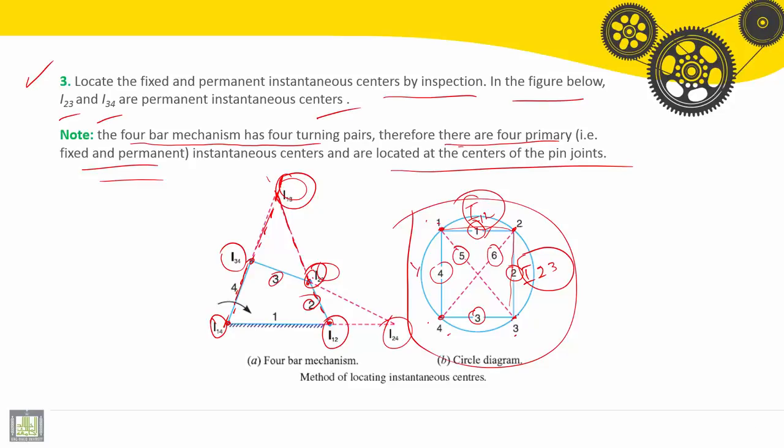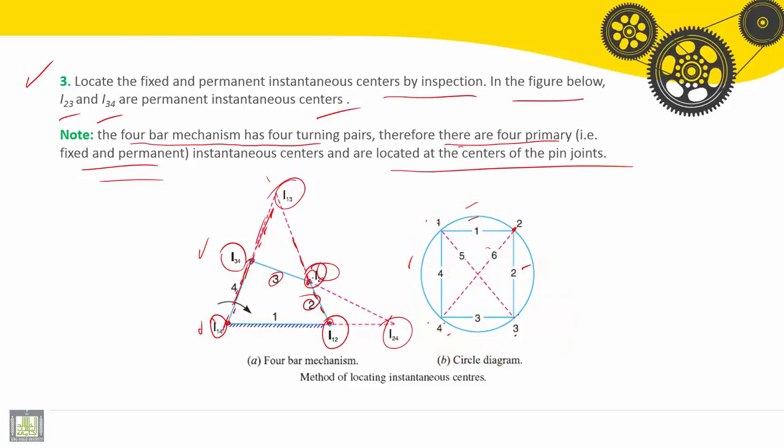So draw the line I14, I34. The intersection here is I13.